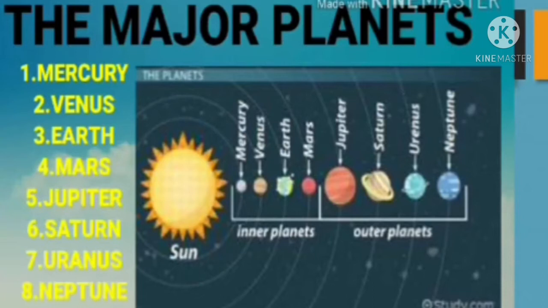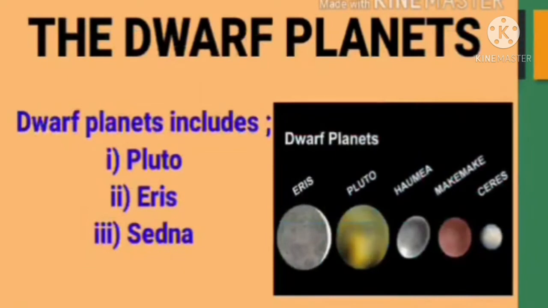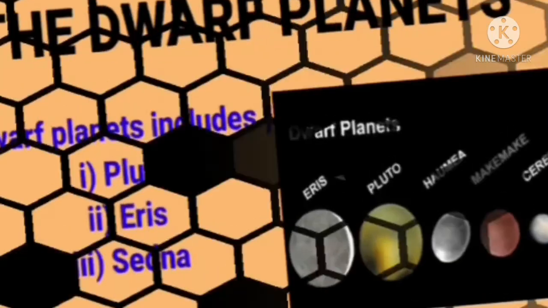The first 4 are very small in size, while the last 4 are large in size. So the small first 4 are the inner planets, while the other 4 are known as the outer planets. Now the dwarf planets. The dwarf planets include Pluto, Eris, and Sydney. Can you see them? That's the dwarf planets.